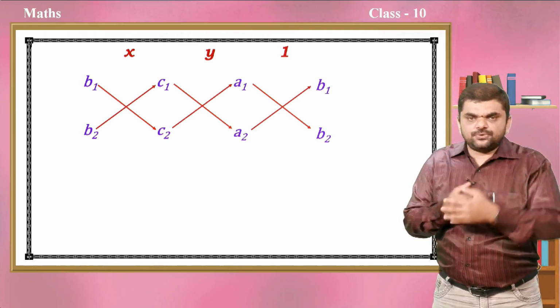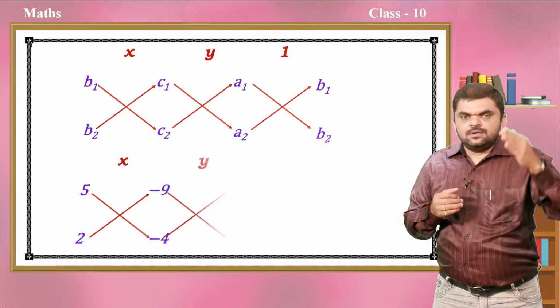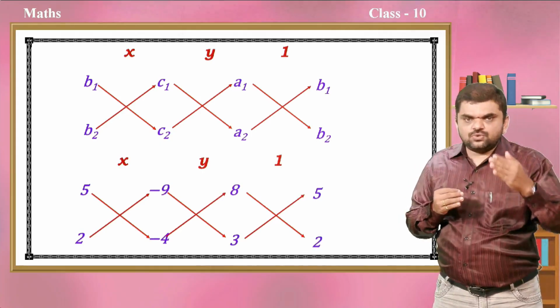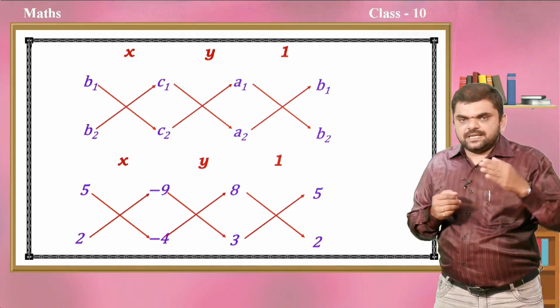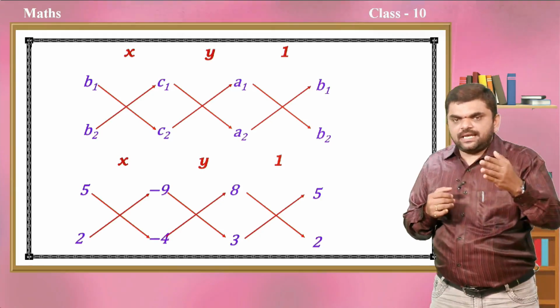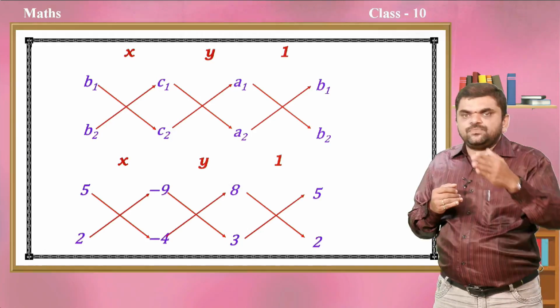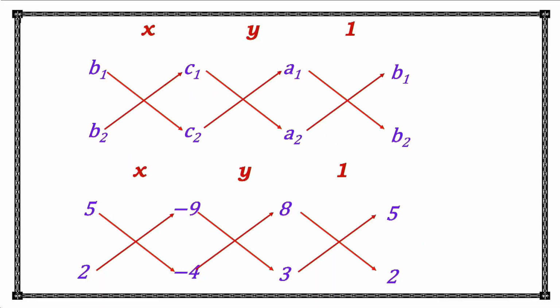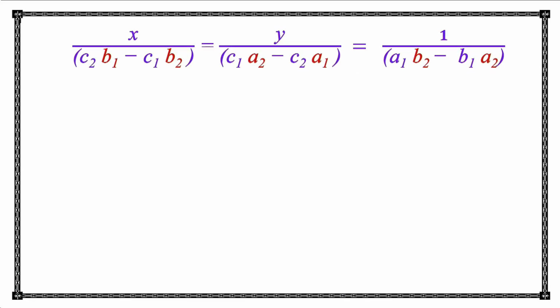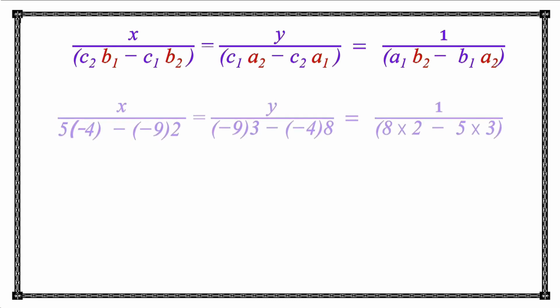So now substitute the values: x, b1 is 5, b2 is 2, c1 is minus 9, c2 is minus 4, a1 is 8, a2 is 3, b1 is 5, b2 is 2. Now x over c2 b1 minus c1 b2 is equal to y over c1 a2 minus c2 a1 is equal to 1 over a1 b2 minus b1 a2.